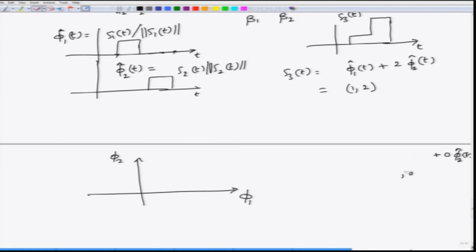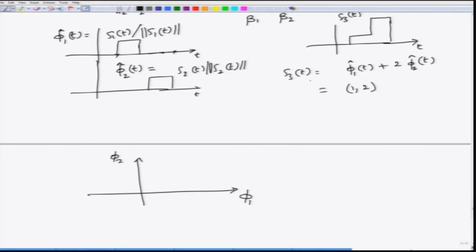We can simply consider phi 1 and phi 2 as two mutually perpendicular vectors, and then any vector S3 of t can be written in terms of these by giving the combinations alpha 1 and alpha 2. So, in this case, what would be S1 of t? S1 of t itself will be phi 1 of t times the norm of S1 of t, plus 0 times phi 2 of t.